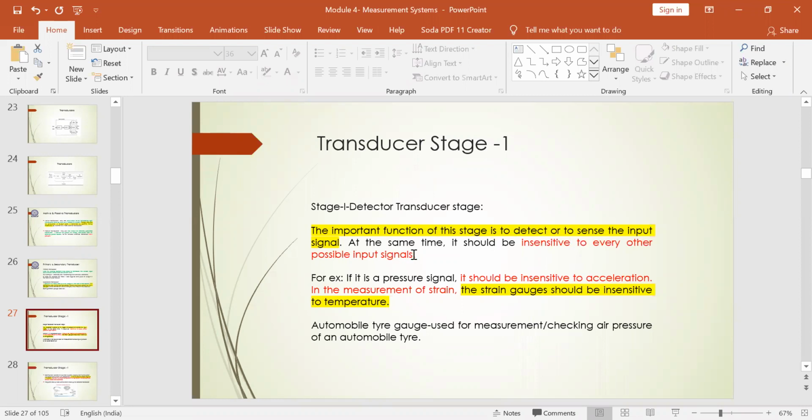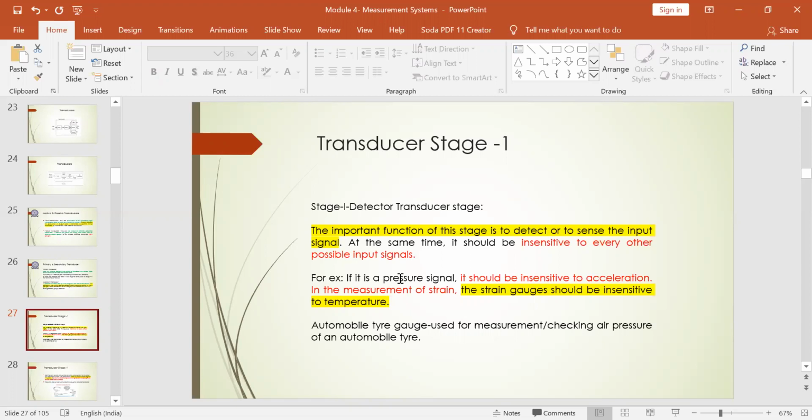It should only sense the input signal which is provided to the transducer and not from the external environment. So the sensor you are using to detect should be very keen in sensing only the physical signal which is provided as an input signal.